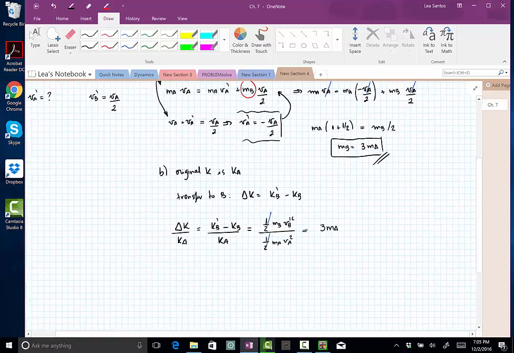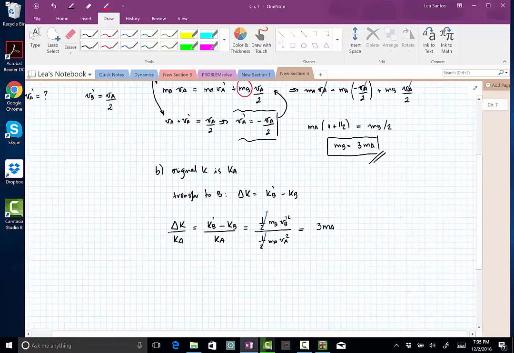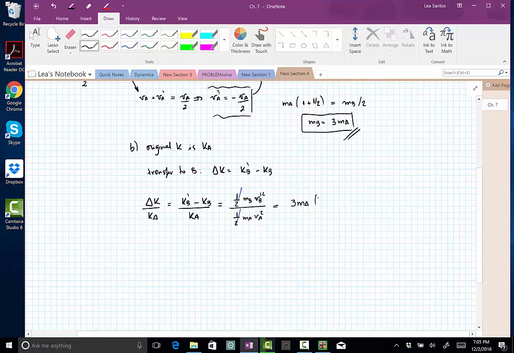VB prime we know is half of VA, so I can put VA divided by 2, squared, and at the bottom MA VA squared. So the MA cancels, and the VA squared also cancels. So we end up with just 3 divided by 4, which is 0.75.